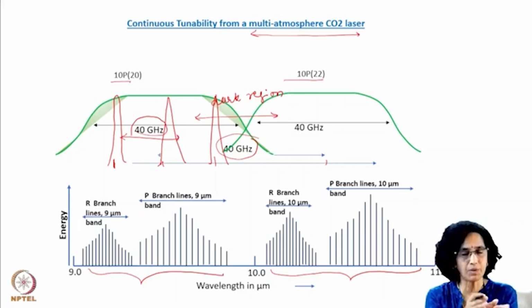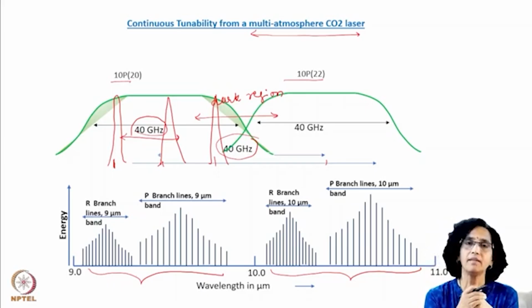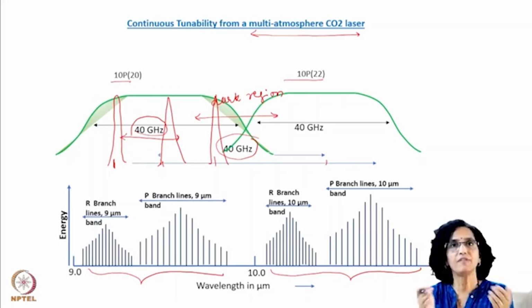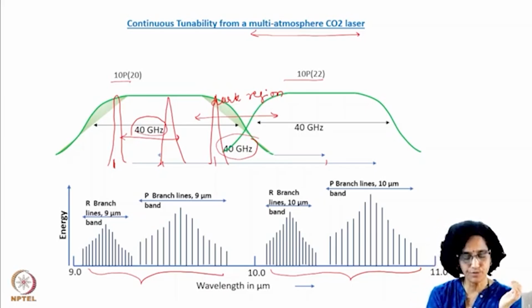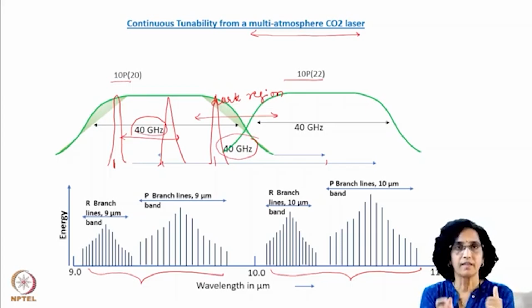We also learned about the CW operation, repetitive operation, the pulser circuits that are made use of, and also the broadening and the emission features from a CO2 laser, saying that we can discretely tune over these rotational vibrational levels, and by making special arrangements, you can actually continuously tune over the entire region.